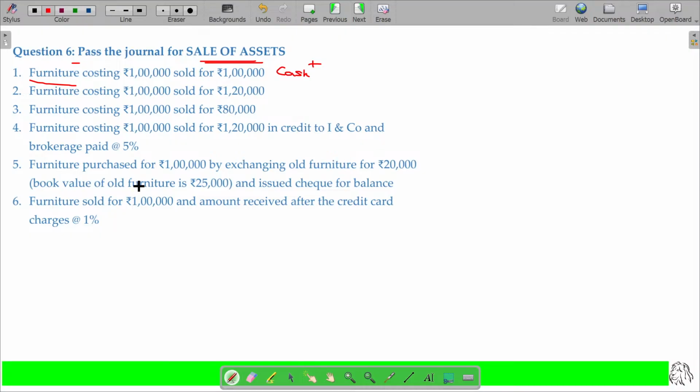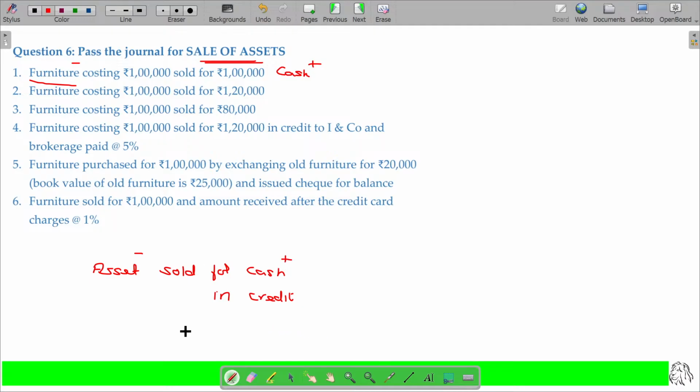Is that okay? So asset sold for cash or in credit. In case of asset sold for cash, asset minus, cash plus.